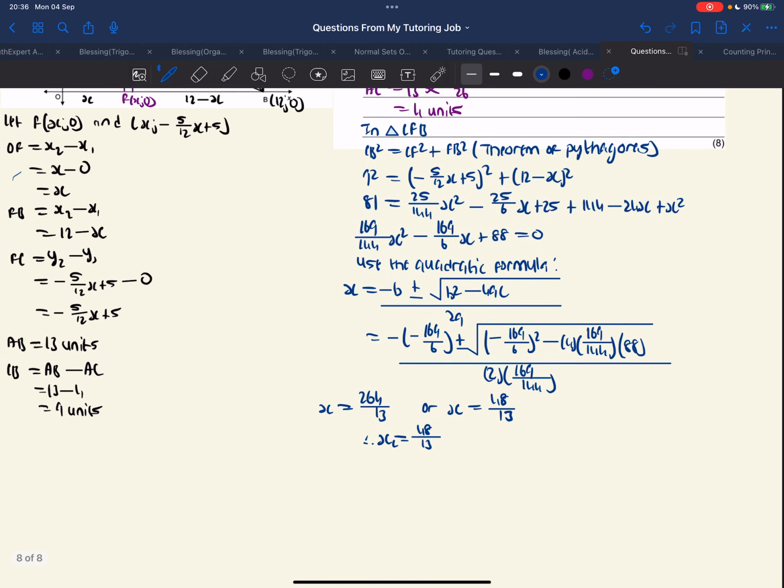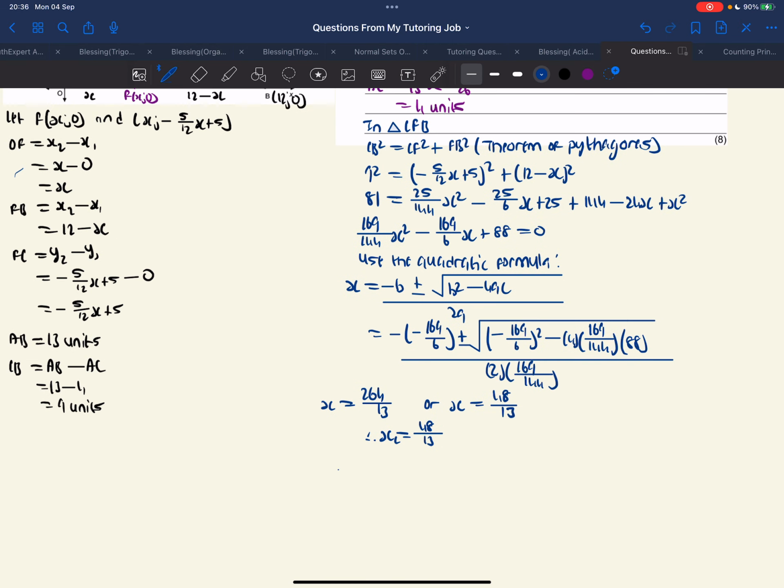Now to find the y coordinate, we're going to sub x equals 48 over 13 into y equals minus 5 over 12 x plus 5.